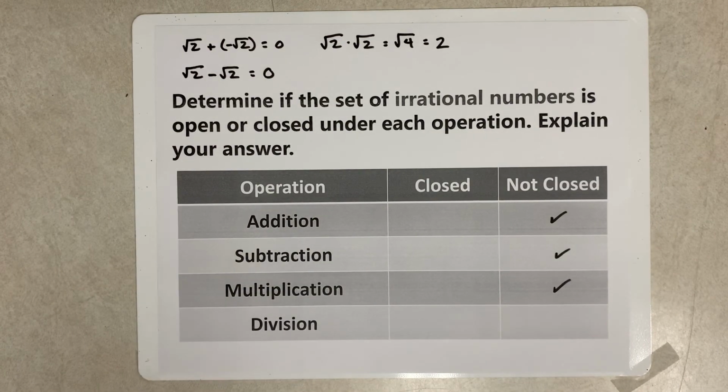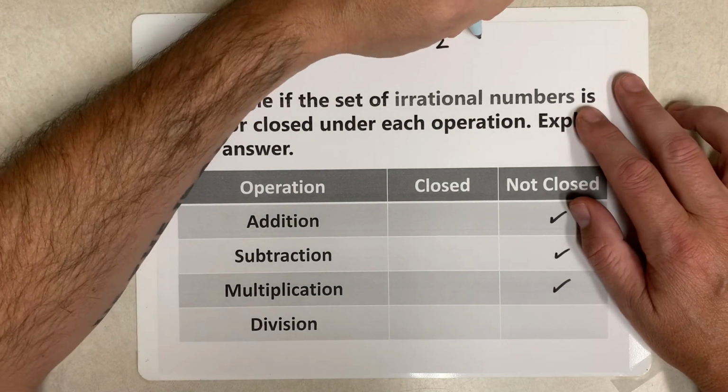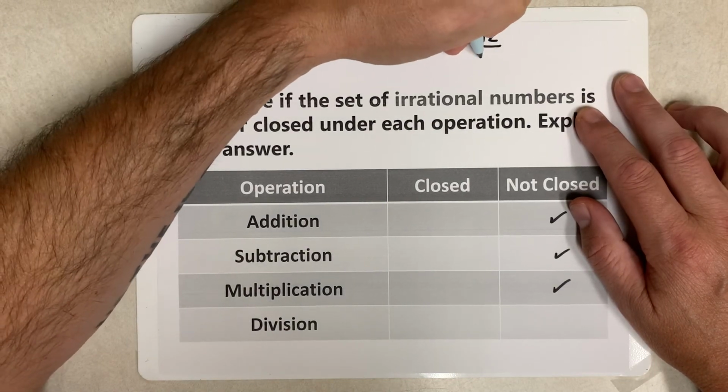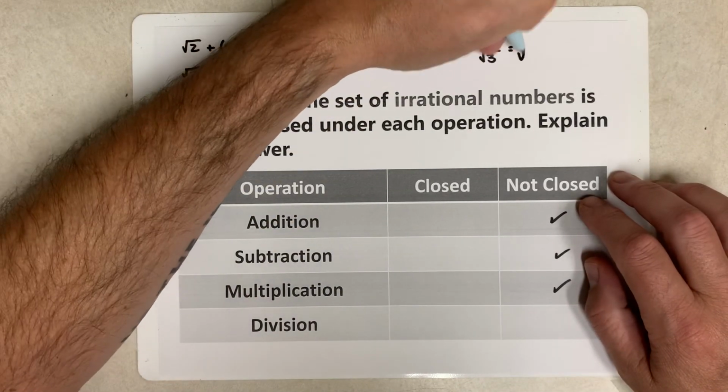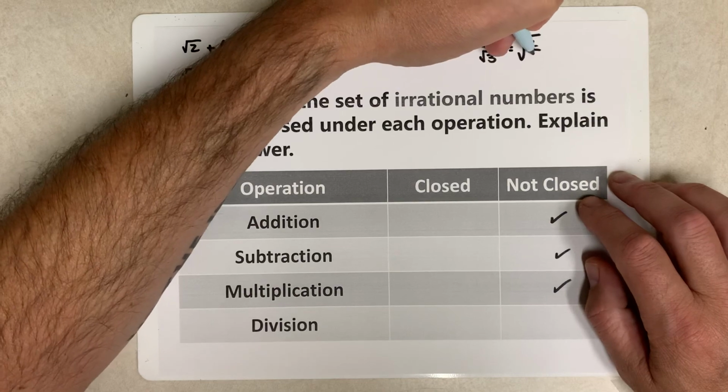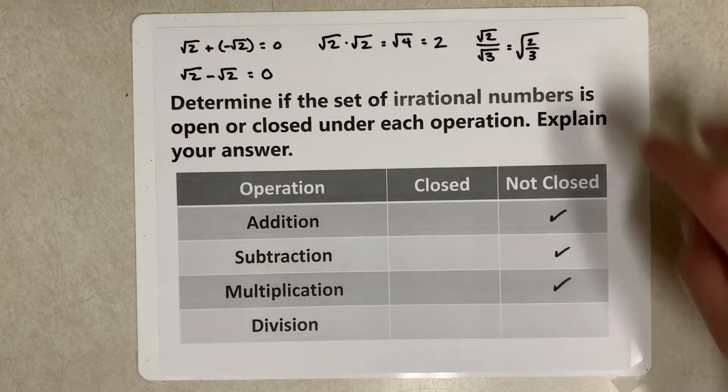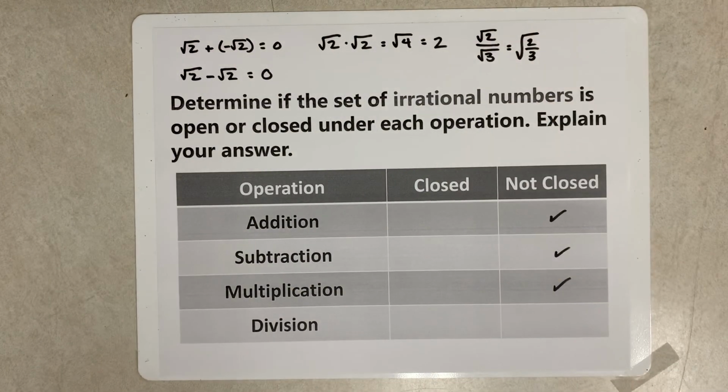What about division? If you divide two irrational numbers, are you going to get another irrational number? Well, if you take, let's say, the square root of 2 divided by the square root of 3, that's going to be irrational. And the reason why is because you could actually write that using the rule of square roots like this. The square root of 2/3 is definitely irrational.